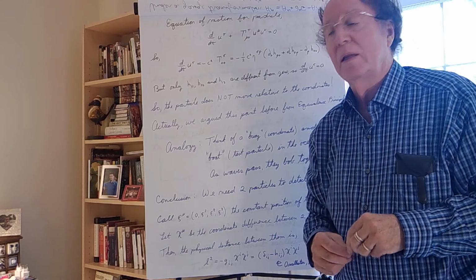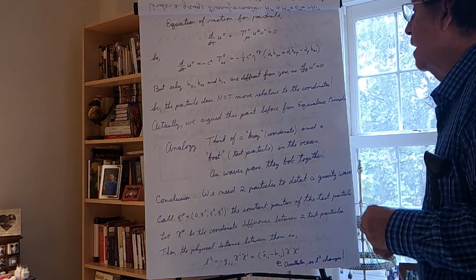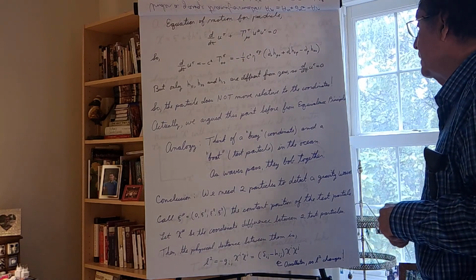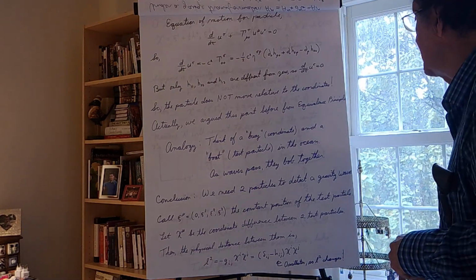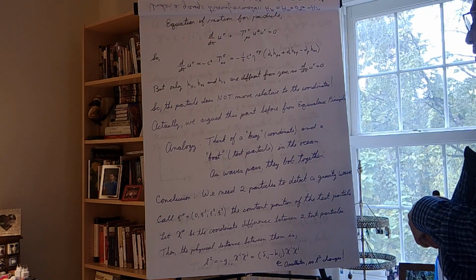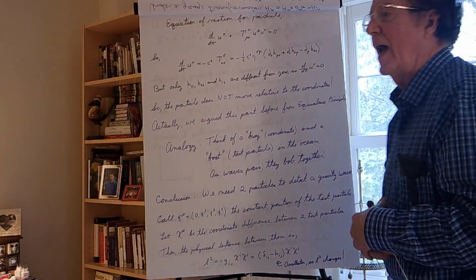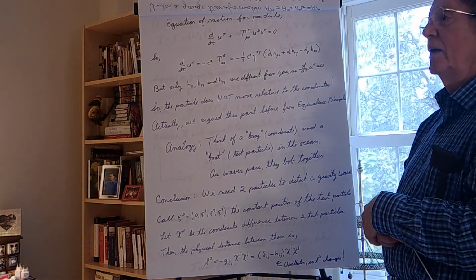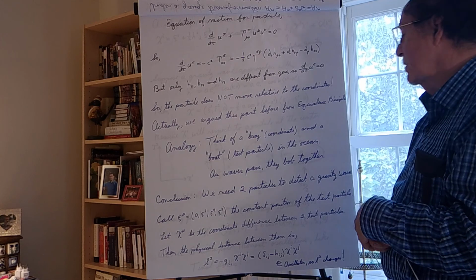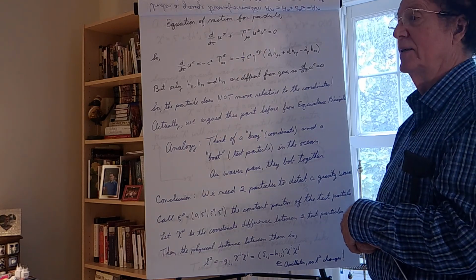But the coordinates and my test particle are in the same consistent dynamical system, and they move in a synchronous fashion. Okay, so clearly I can measure the distance. I have to look at a geometric quantity to measure the distance between the boats. Okay, and so that will be provided by my geodesic deviation.